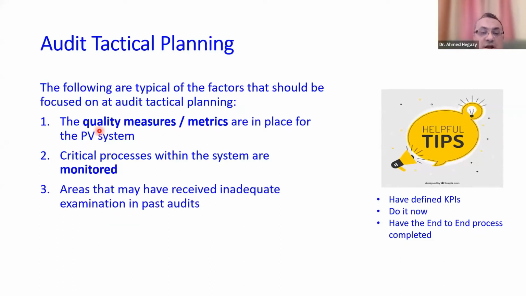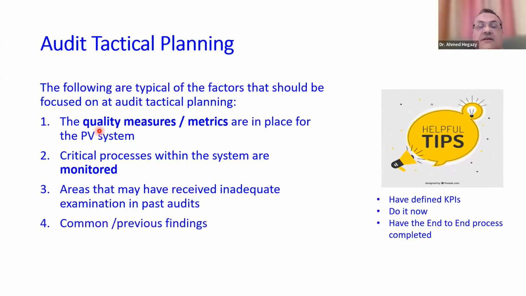And then, if I have a previous audit, what were the areas where there were some findings or deviations, or areas that were, for example, not properly checked or inadequately examined in the previous audits or previous inspections?